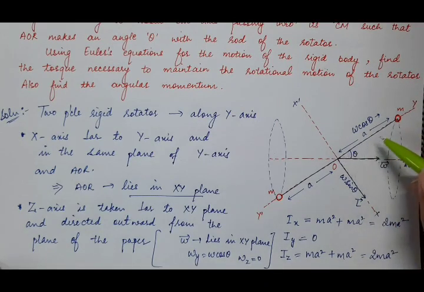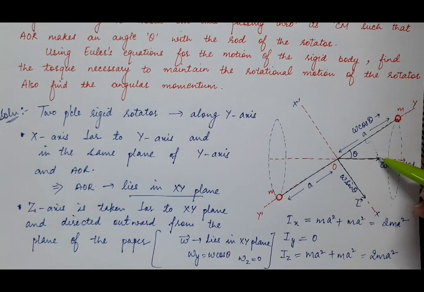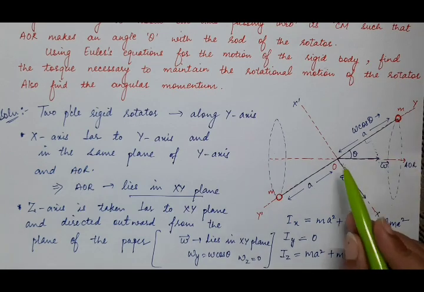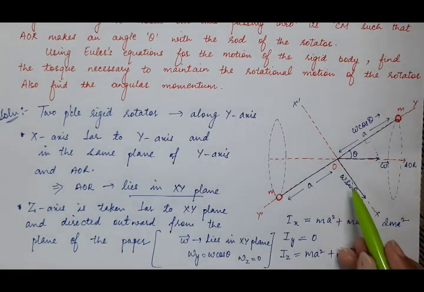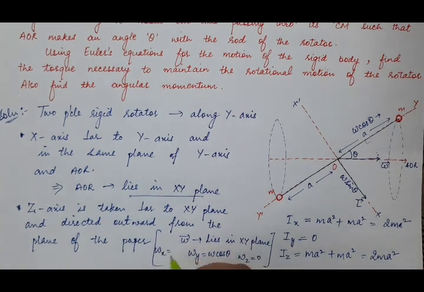This will act as the base of this right angle triangle. If you draw a perpendicular from omega in this direction, this will act as the base. So the component of omega in the direction of the y-axis is omega cos theta, and the perpendicular component will be omega sin theta, because perpendicular upon hypotenuse is sin theta. This component is parallel to the x-axis, so the x component is omega sin theta.